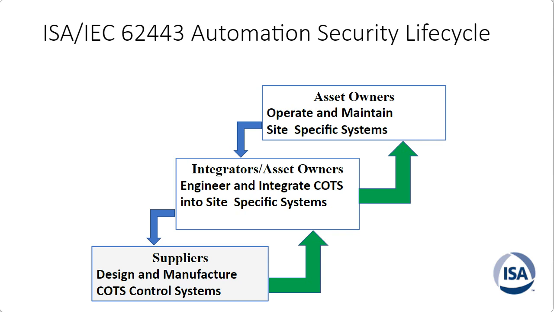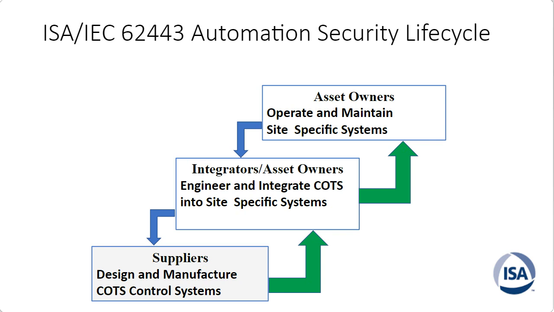So if you look at this, you can see that to ensure security, there's a shared responsibility from the supplier who builds it to the integrators who integrate the products to the asset owners that own, operate, and retire these systems.